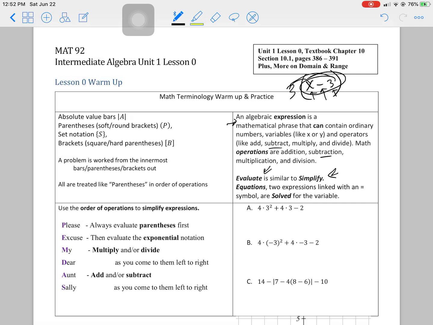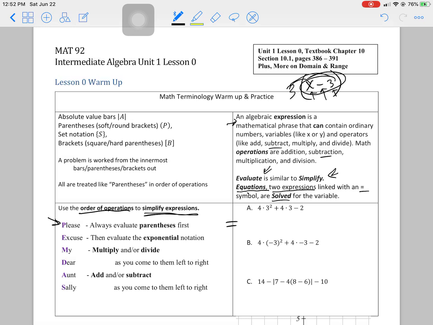When you have equations, an equation by definition is two expressions linked together with an equal sign. Then you solve an equation, but you simplify or evaluate an expression. With orders of operations, most people remember Please Excuse My Dear Aunt Sally, and these are used to simplify expressions.